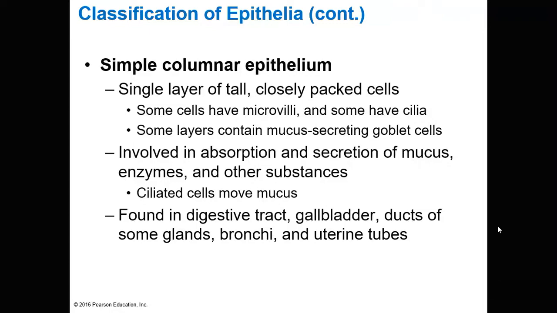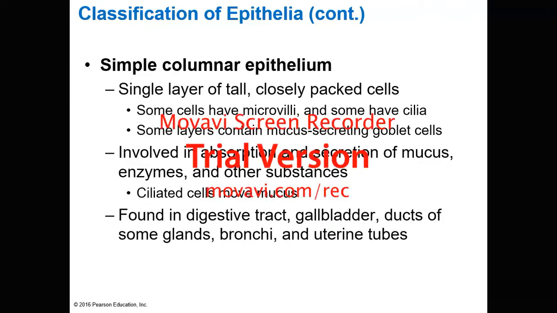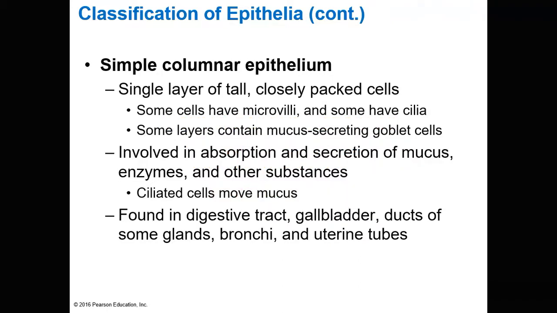The simple columnar epithelium: simple means it's going to be a single layer, and columnar tells you the shape of the cell. It's going to be tall, closely packed cells. Some cells have microvilli, and some have cilia.